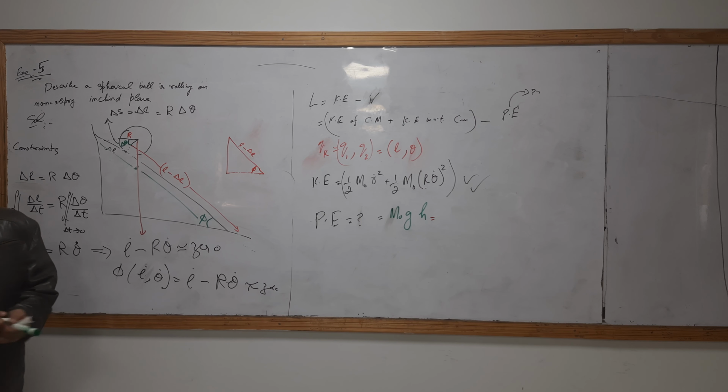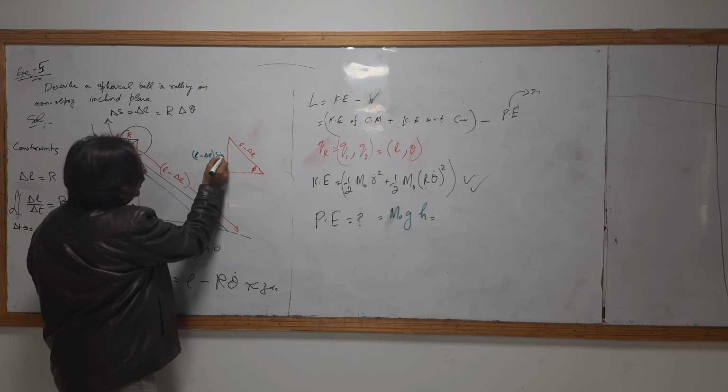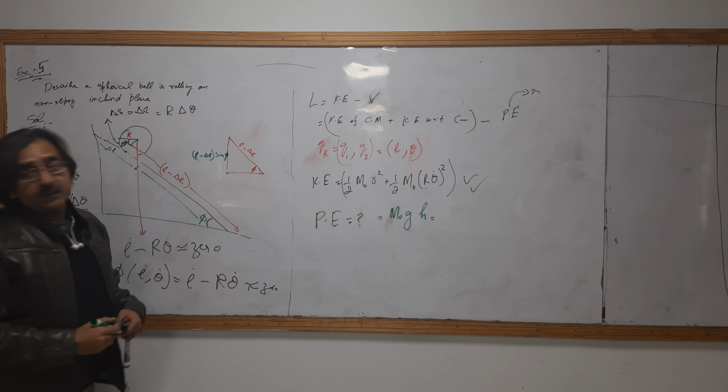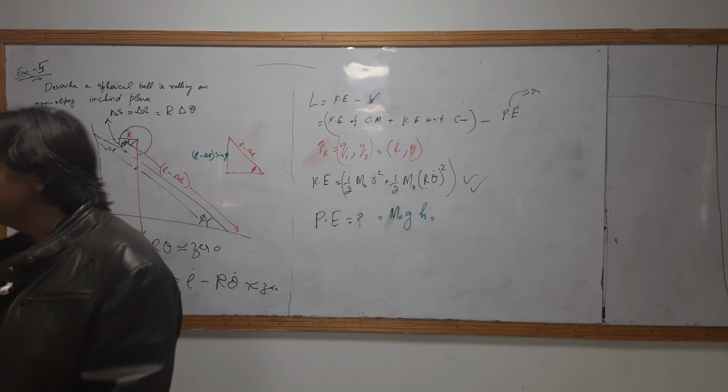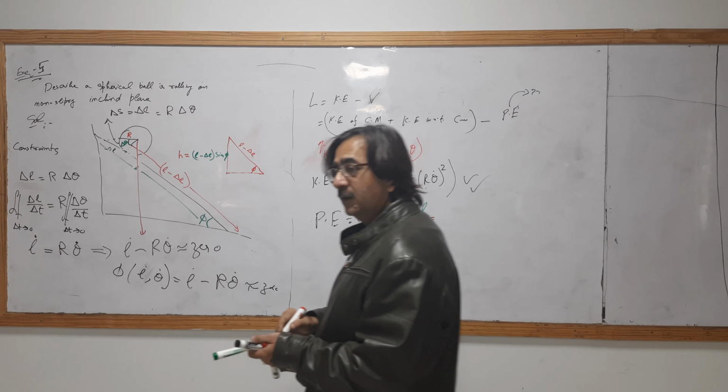So what will this be? L minus delta L times sine phi. h will be equal to this.